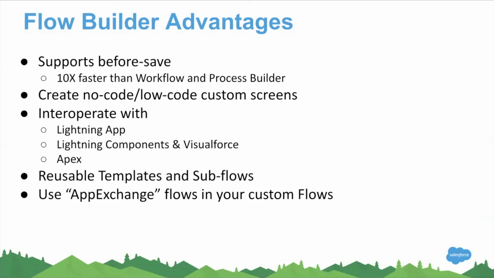But even before that, through Flow's before save, you can set the values of your fields based on another value. That is really possible through Flow, which really reduces the number of times the record gets updated.